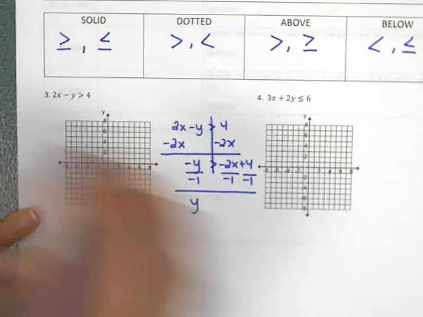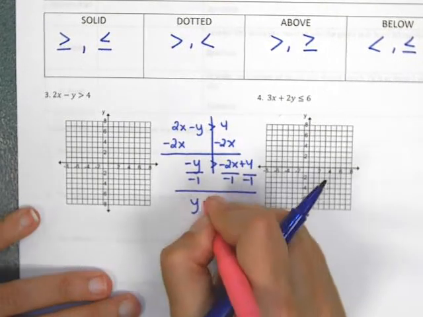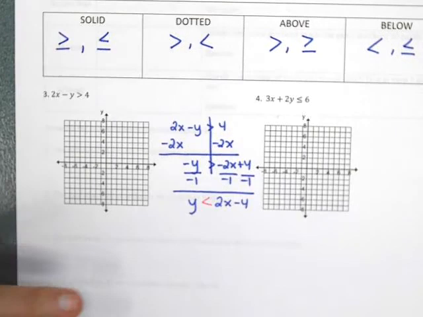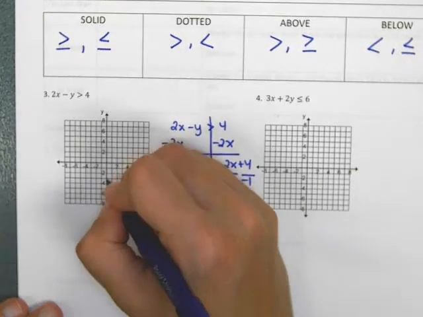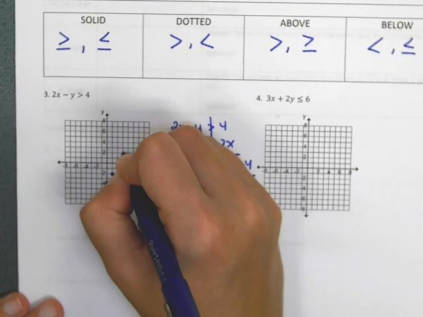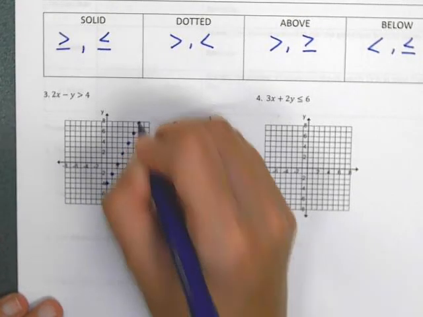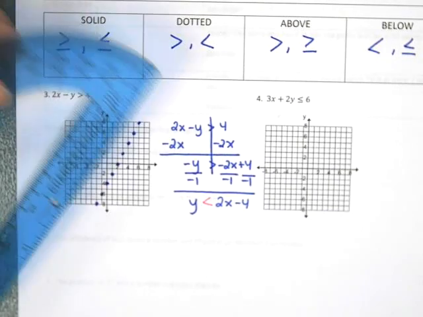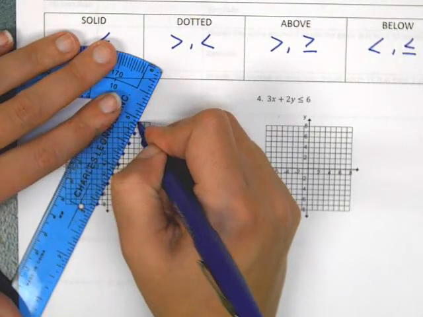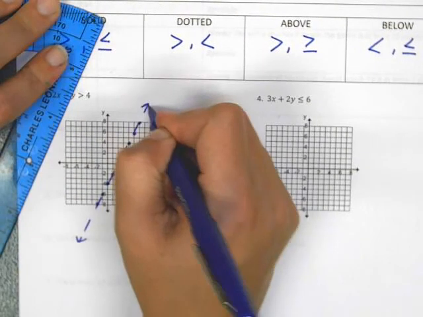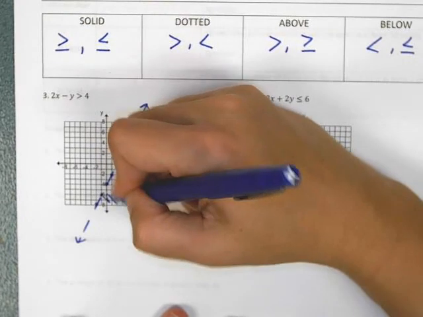Now, when I do that, the symbol flips over, and I get y is less than positive 2x minus 4. I'm going to put a closed circle on the -4, up 2 over 1, up 2 over 1, up 2 over 1, down 2, left 1, down 2, left 1. I'm going to make this a dotted line because we're not equal. And I'm going to shade below because there's a less than.